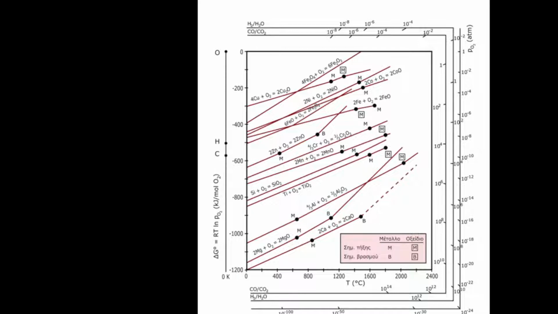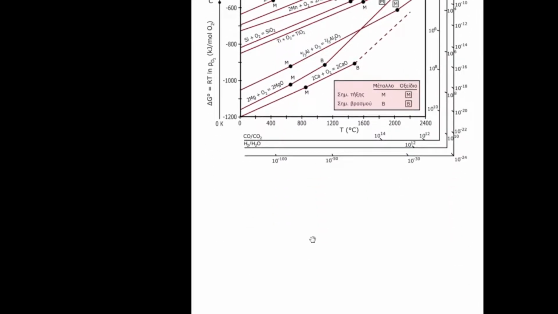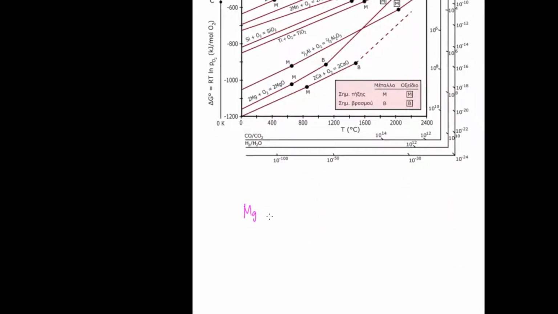Let's say we have a system, for example, magnesium, the oxidation of magnesium. We want to know, per mole of magnesium, Mg plus 1 half O2 yields MgO. It's balanced.